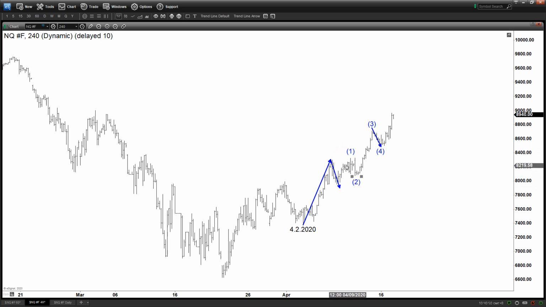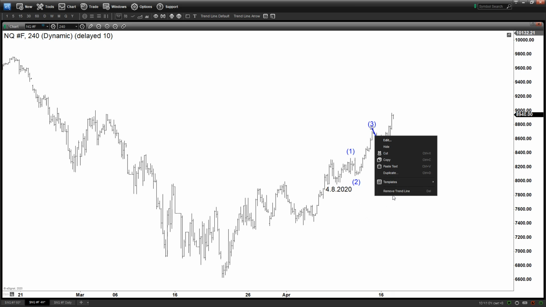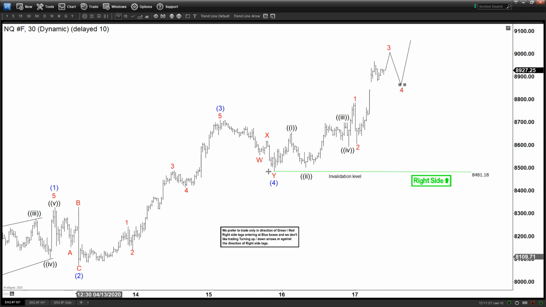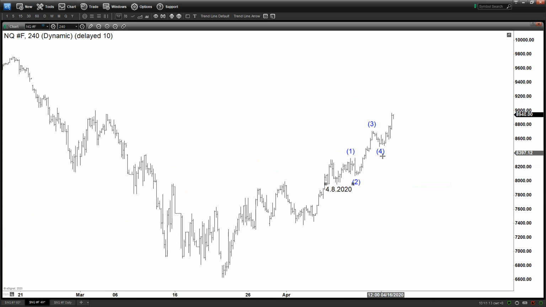So we're talking about this cycle from April the 8th. We got a 1, 2, 3, 4, and now finishing up with 5, and still missing one more push higher as long as we stay above 84.81.